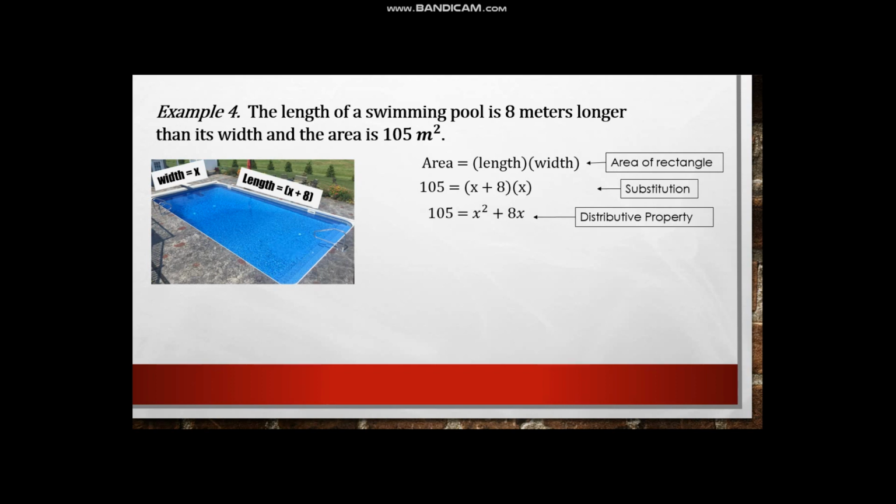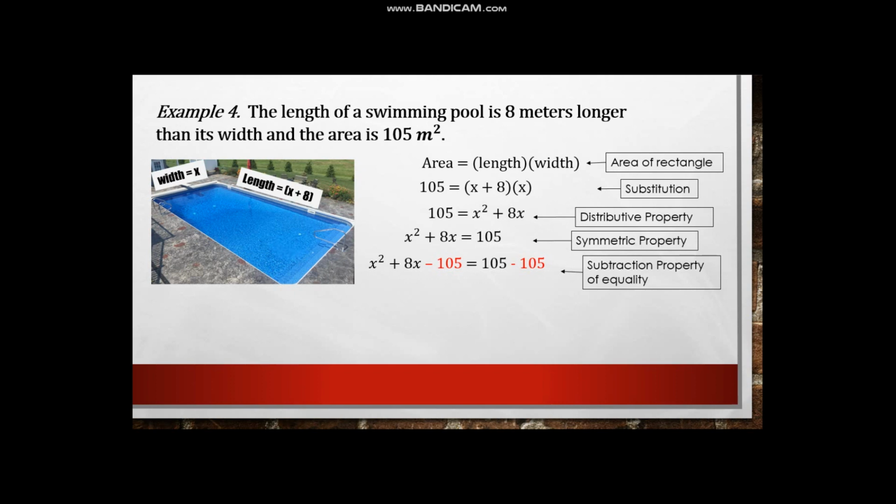By multiplying each term of the binomial to the term outside the parentheses, or the monomial. And then by the symmetric property, we change the position of the terms on the right and the term on the left.